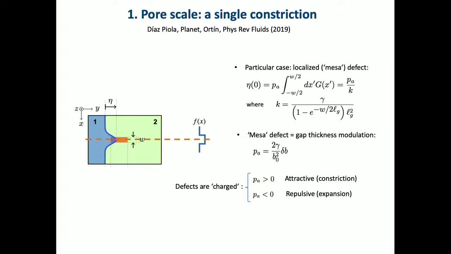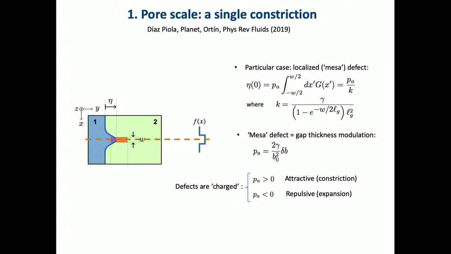If delta b is positive, P_A is positive, and this is what we have been seeing. The constriction is attractive. So a constriction attracts the front. But if P_A is negative, because delta b is negative, so we have a hole in the cell, an expansion in the cell, then it is repulsive. In the repulsive case, the left side of the defect and the right side of the defect are reversed.